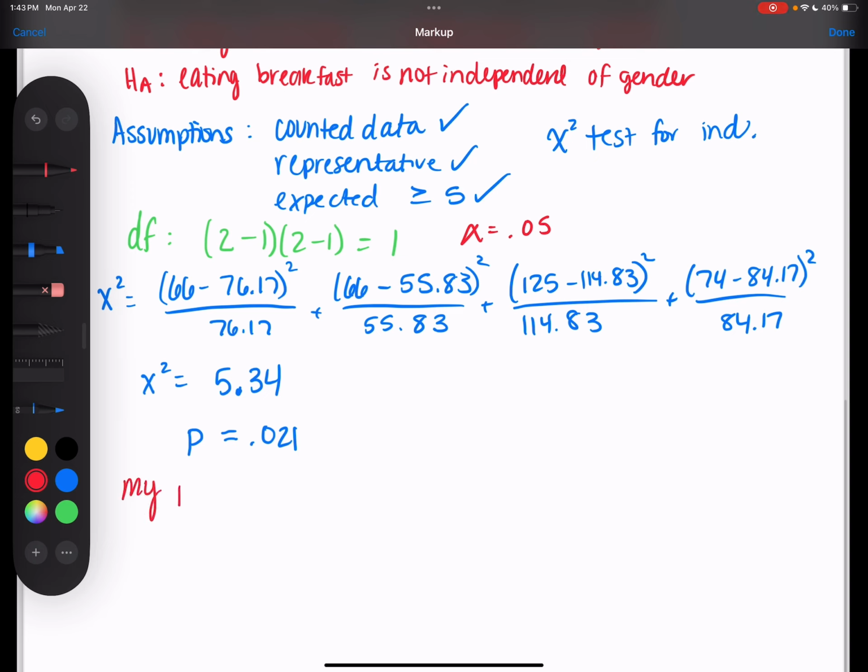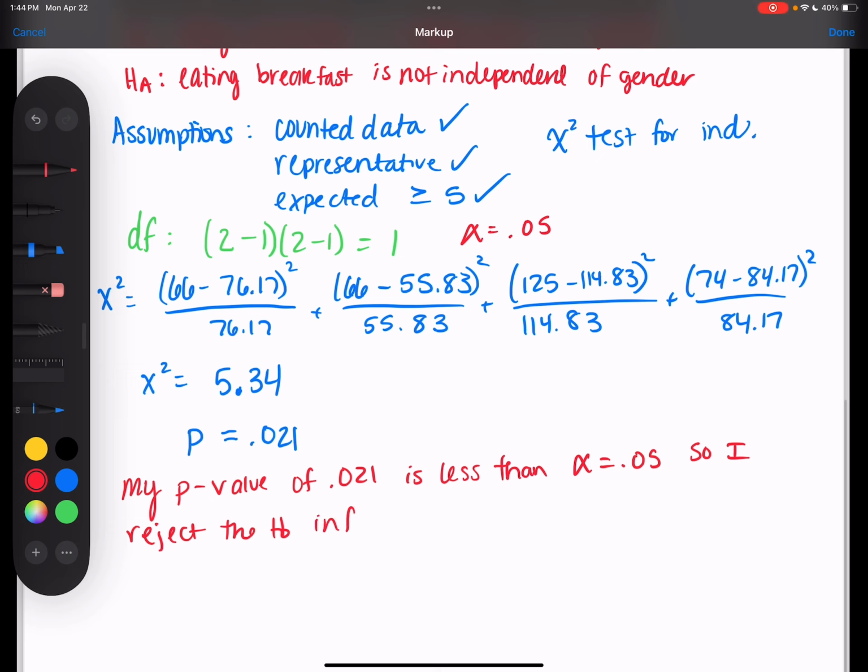Yep, my p-value of 0.021 is less than alpha equal to 0.05. So I reject the null in favor of the alternate.